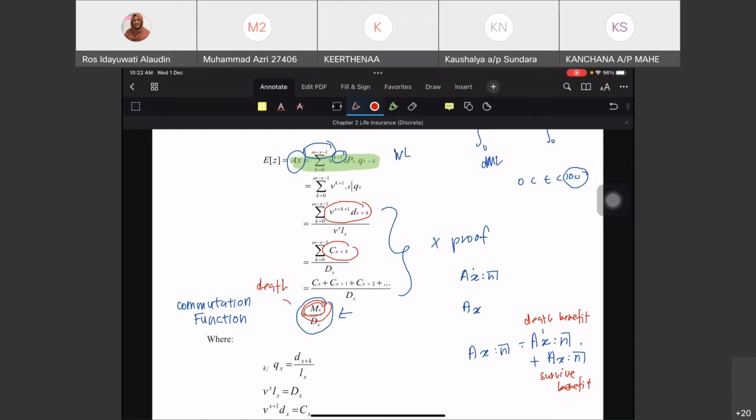In the life table, we always use until 100, so 100 components. From these we get the Cx, and then we get the Mx. You don't need to know how to get the Cx or how it becomes the Dx. You just have to know Mx, the final product, referring to the death cases.